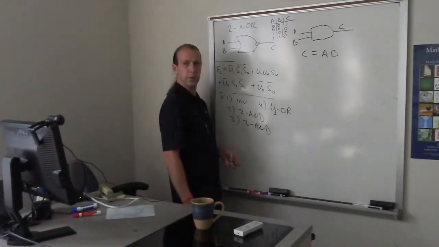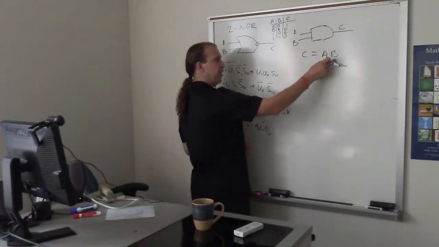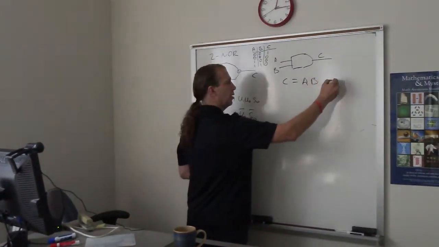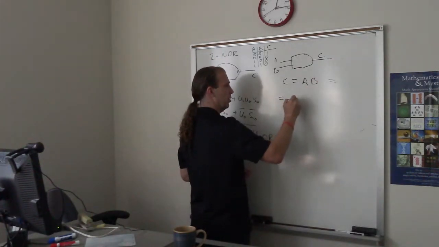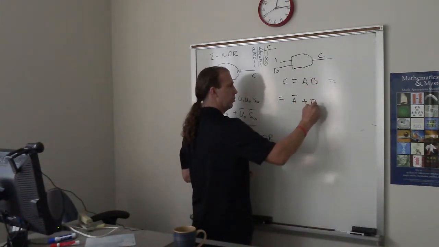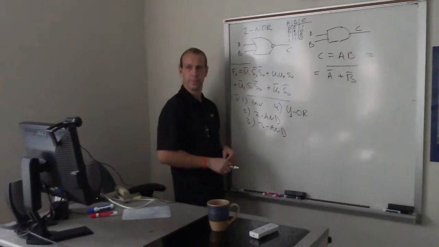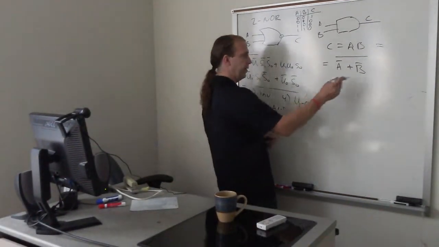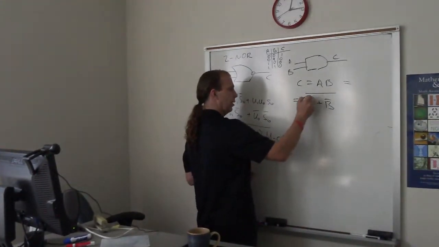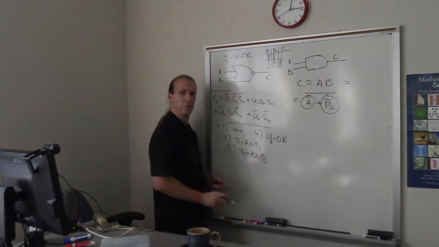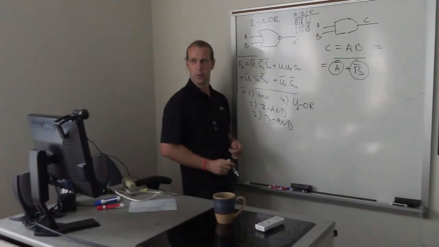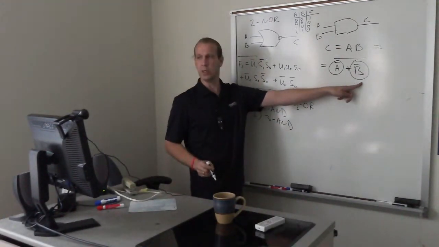Let us use De Morgan's law and represent AB as not A plus not B, inverted. Now this is nothing more but use of a 2 NOR block where each of the inputs is inverted.